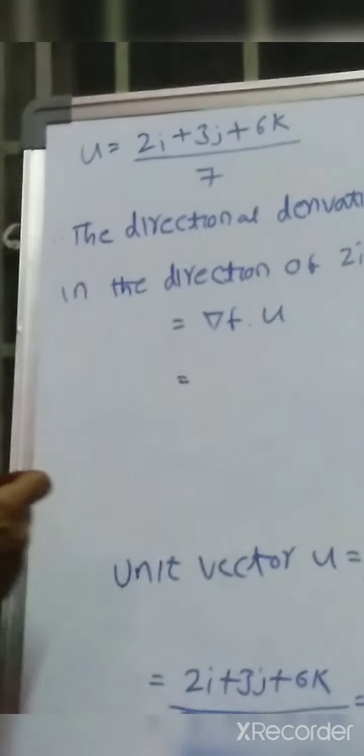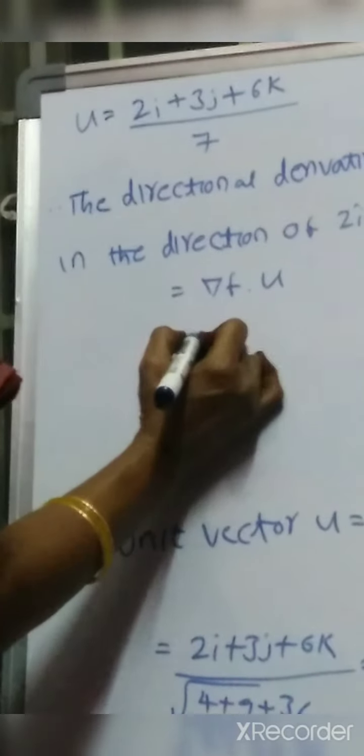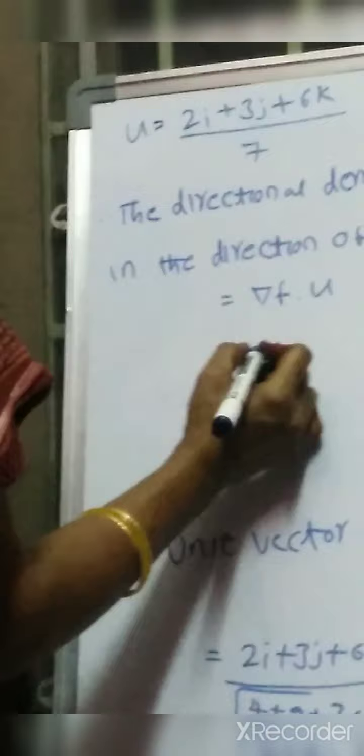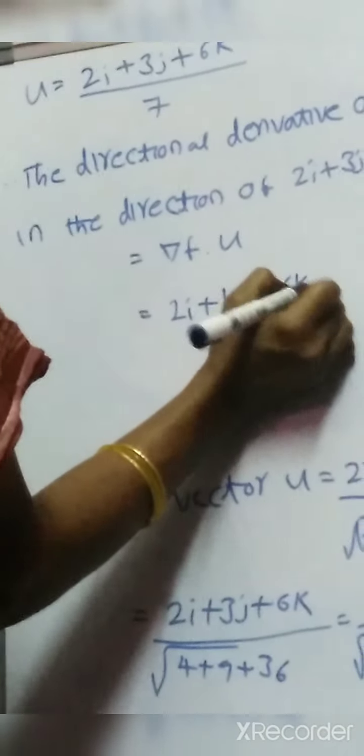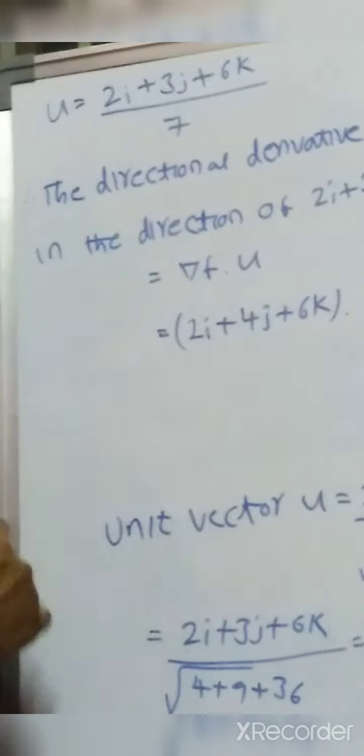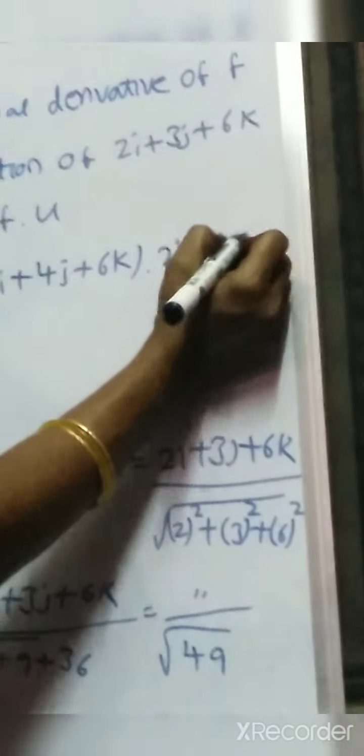This is equal to grad f, which is 2i plus 4j plus 6k, dot u. What do we get for u? (2i plus 3j plus 6k) by 7.